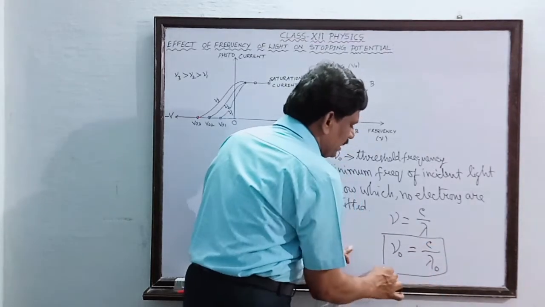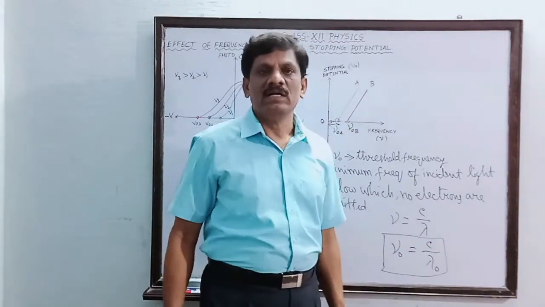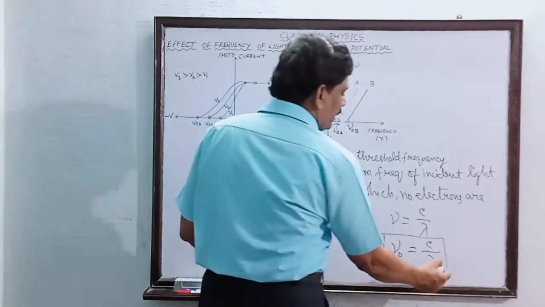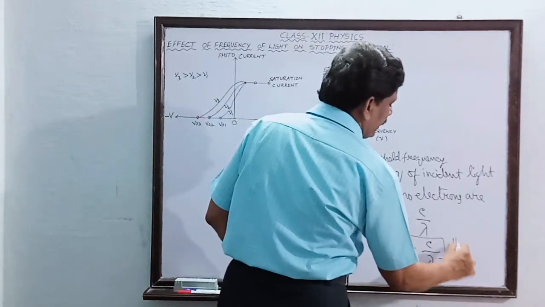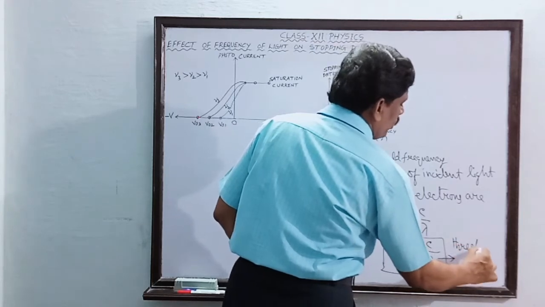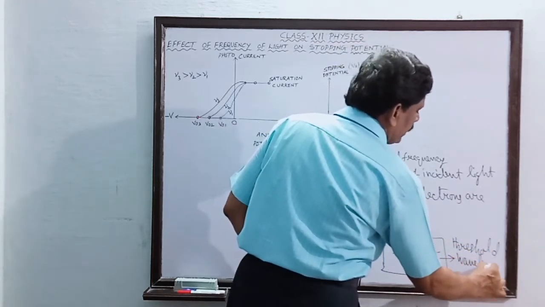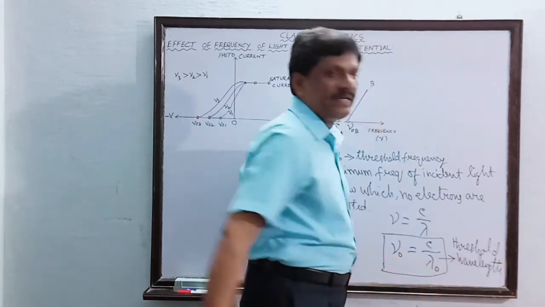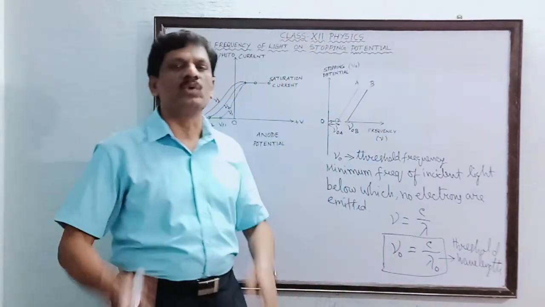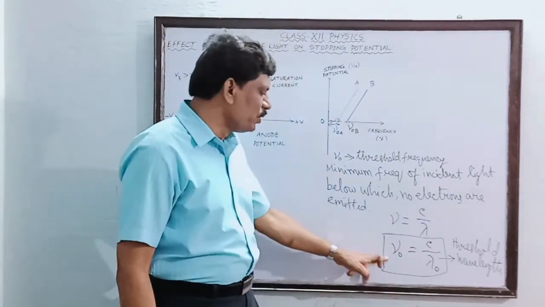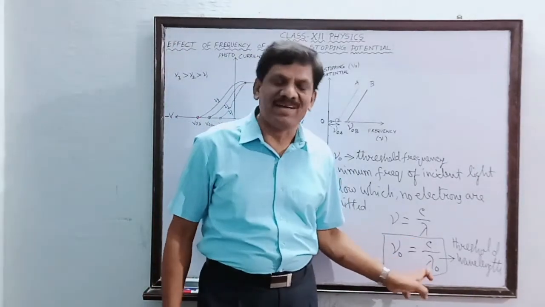This is not given in our textbook, but it will be asked in the examination. This lambda naught is called the threshold wavelength. In some numerical problems, they will ask you to calculate the threshold wavelength also. For that, you can relate nu naught equal to c by lambda naught.